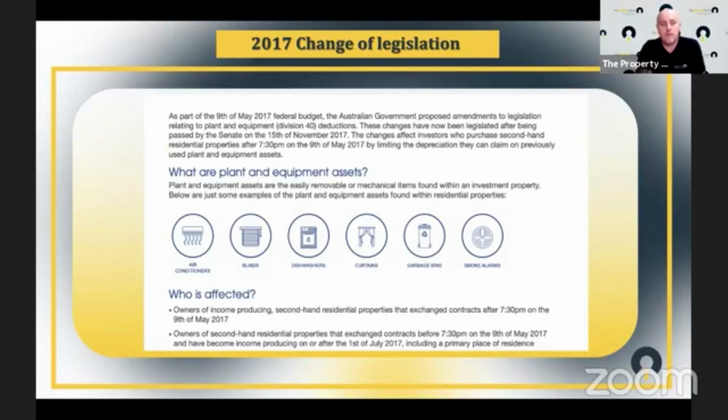It's not much. And not just that, you're buying a second-hand home when some of this stuff may have to be replaced as well. So it affects you if two things that you get affected. One is if you're buying a second-hand property that has been an investment property or owner-occupier before. And the second one is, and this happens a lot where people think, it's okay, I've got my home now, let's move out of this place, buy a bigger house and rent out our current home.